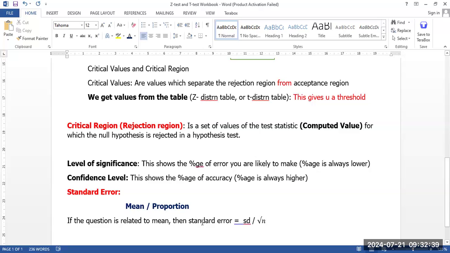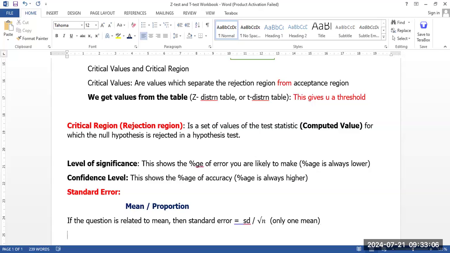That is if you're dealing with one mean. Only one mean, because sometimes you're dealing with two means in the question.